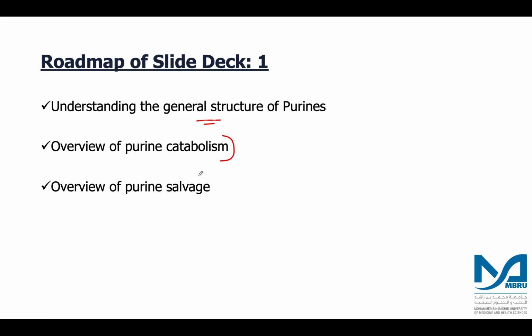And when we are talking about the catabolism of purines, I would like to talk a bit about the purine salvage pathway, which is important to understand some of the disease states which are mentioned in slide deck 2. So that particular part will be covered towards the end of slide deck 1.